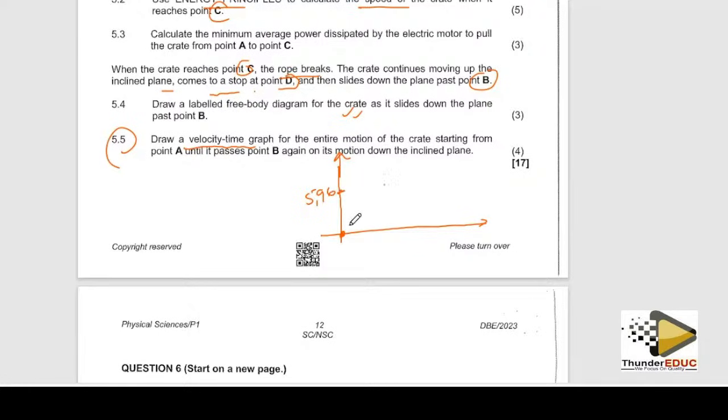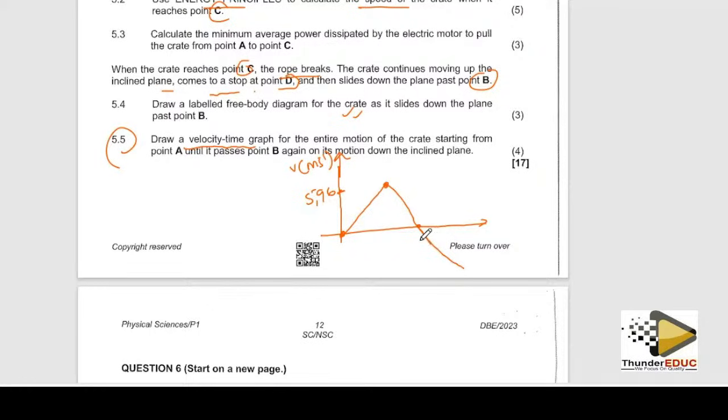And then from there, the block continued slowing down. This is going to be velocity in meters per second. It slowed down and got to a point, probably D, where the final velocity was 0. And then it started sliding downwards.